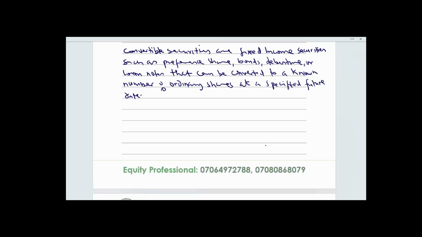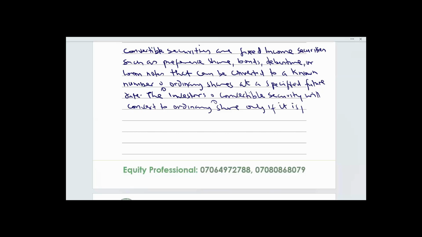The investors of the convertible security will only convert to ordinary share only if it is profitable.